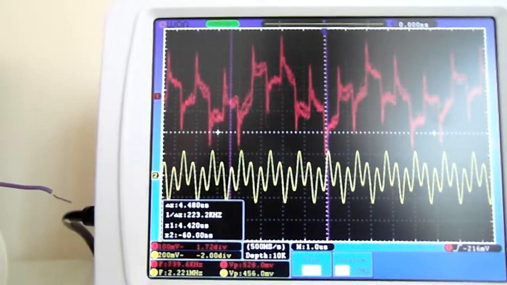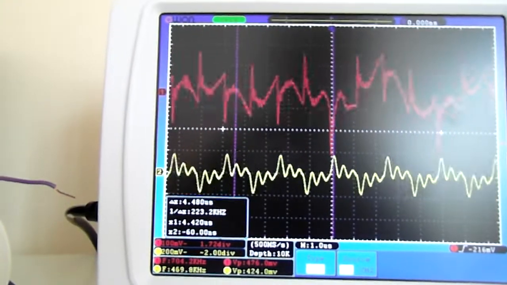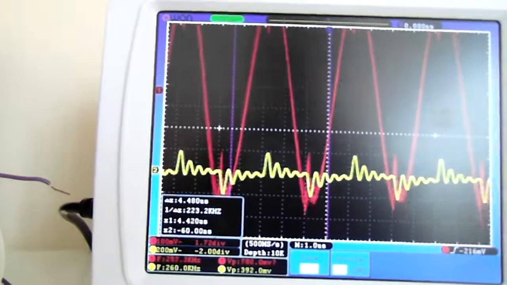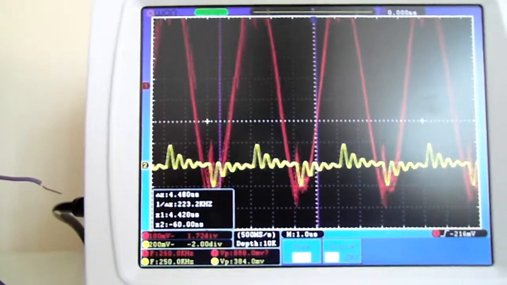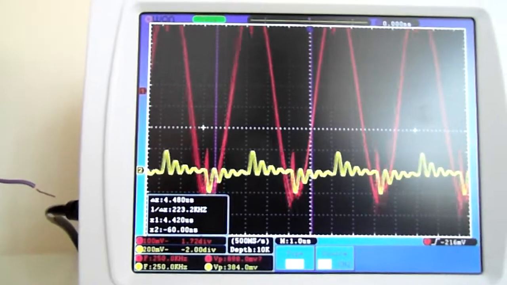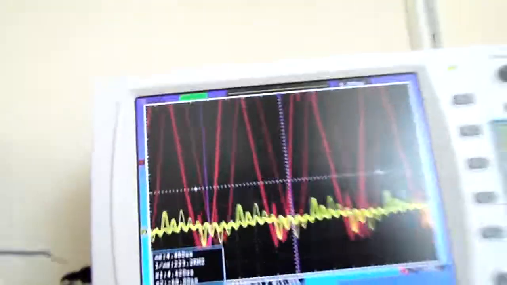Again, here it looks like LC resonance, but it doesn't change. And the low frequency here is something I cannot yet understand, why it increased so much, because the input didn't consume much.